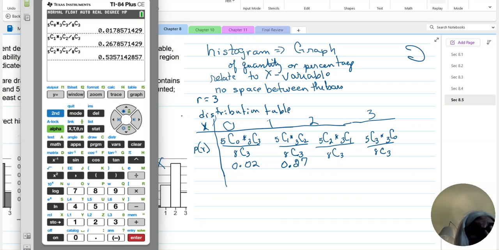Make sure I haven't changed anything wrong. 0.53. Oh, 0.54. That's what it looks like.